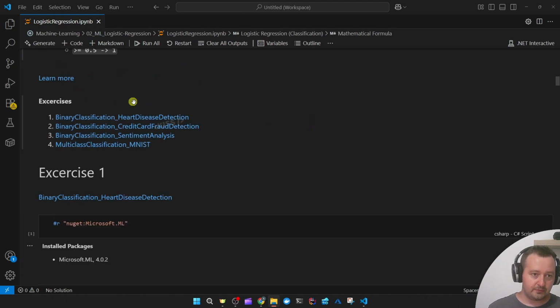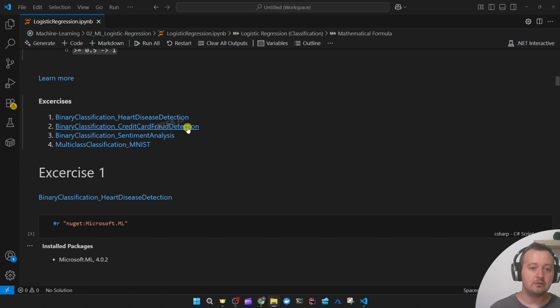Okay, so then some exercises. I added binary classification RTC's detection, which is the one that I worked out below. Credit card fraud detection is similar, but with different features, and basically more like the customer churn or the customer action that it will take.